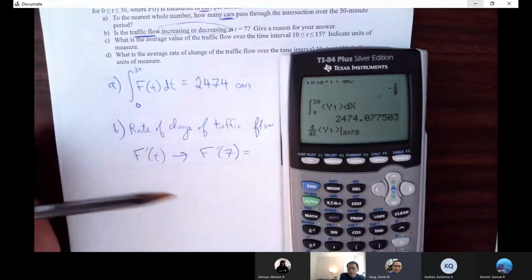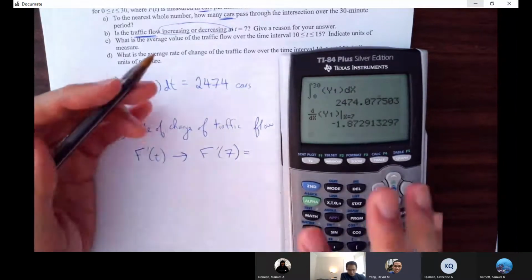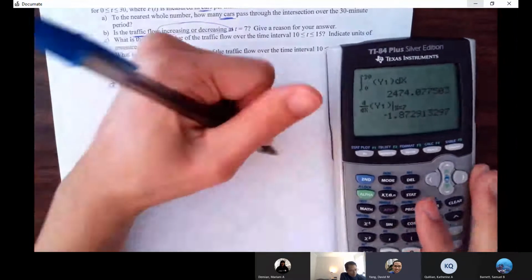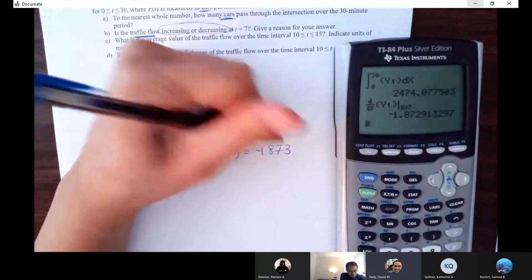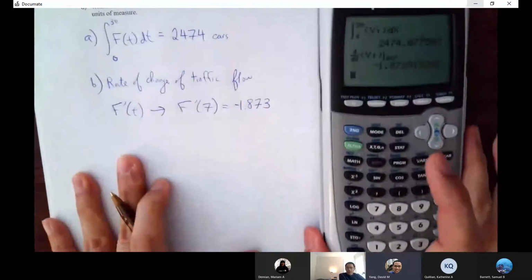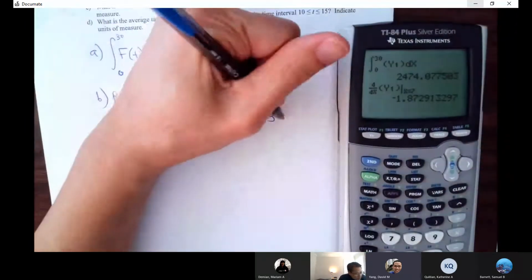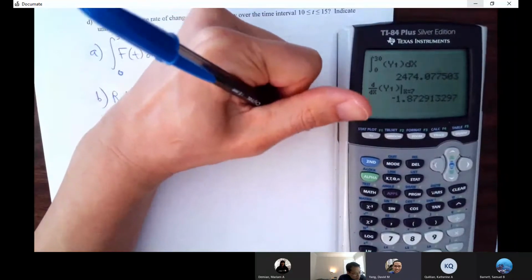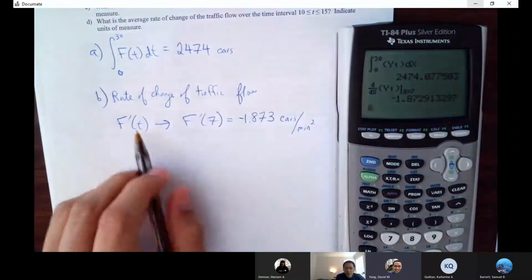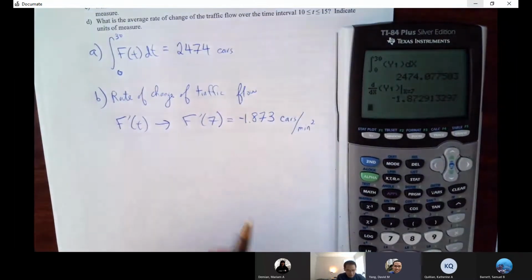I want to evaluate the rate of change at 7. So we get a negative value, and this is going to be in units of cars per minute per minute. So we can therefore say that traffic flow is decreasing at t equals 7.